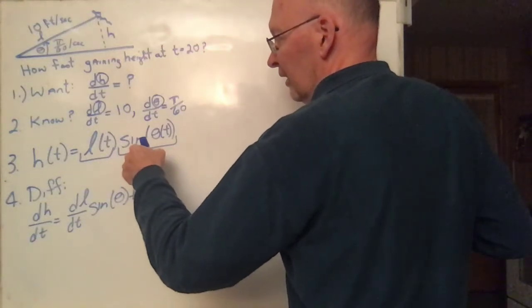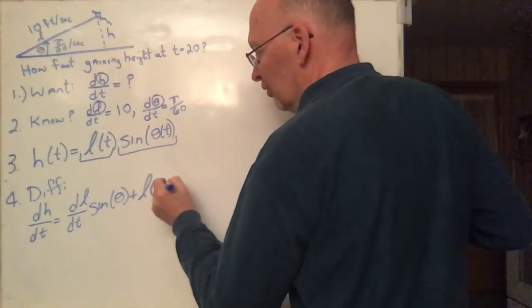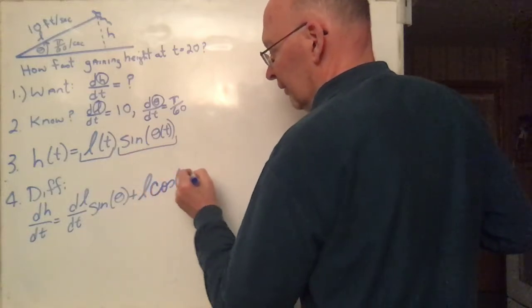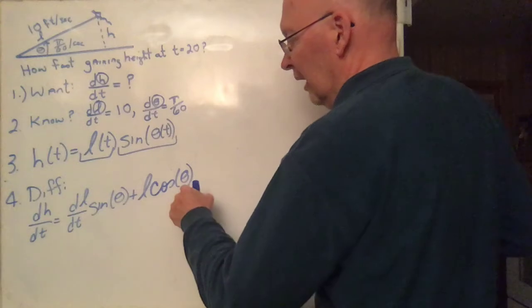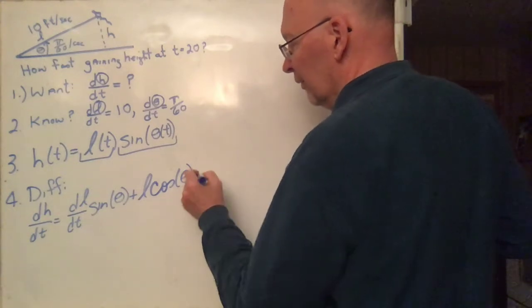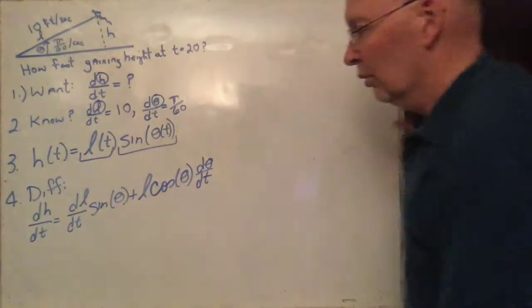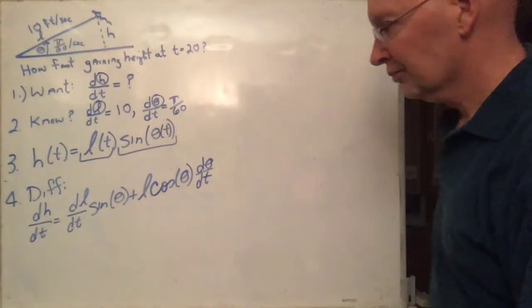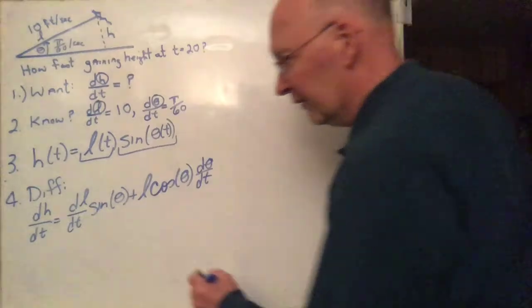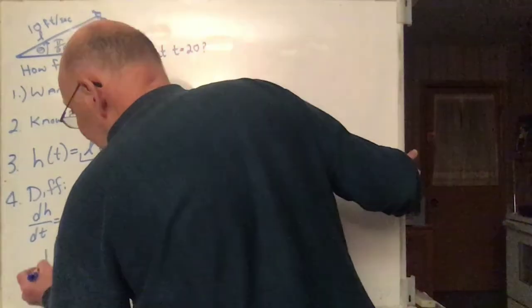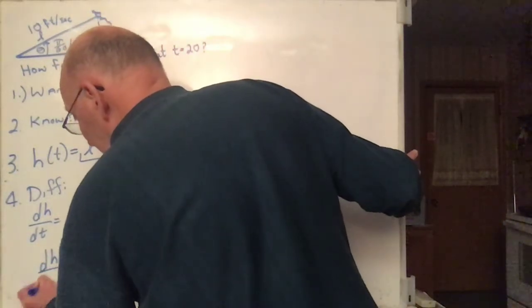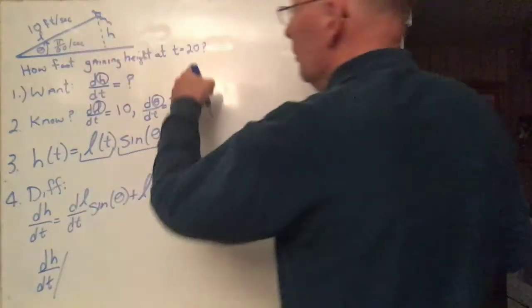Work from the outside in. The derivative of the sine is the cosine of theta(t). I'm just going to write it as theta. Times the derivative of the inside. The derivative of theta is d theta/dt. So those are all functions of t. So now we can finish. What's dh/dt at time equal to 20?